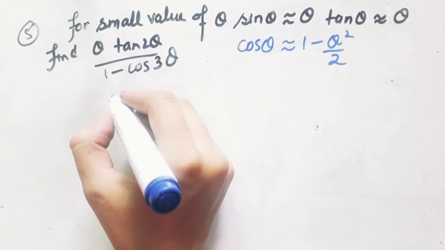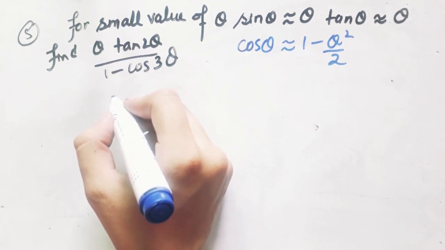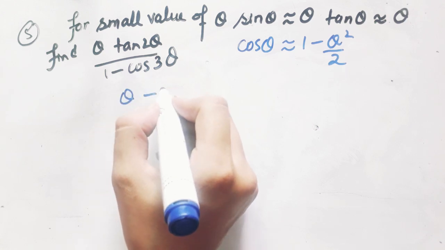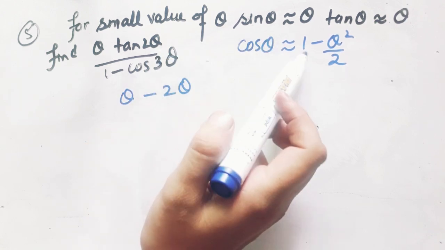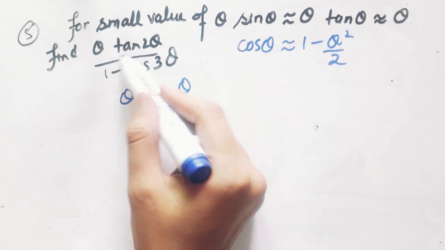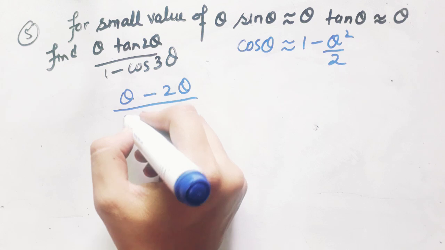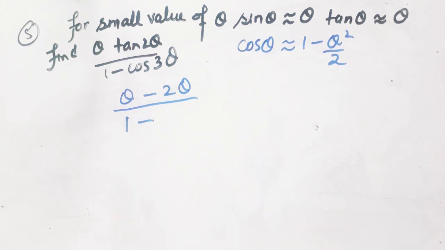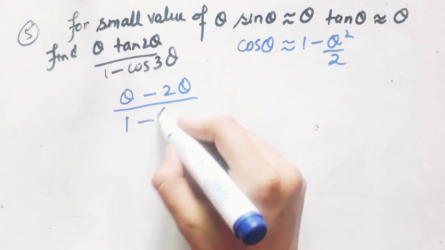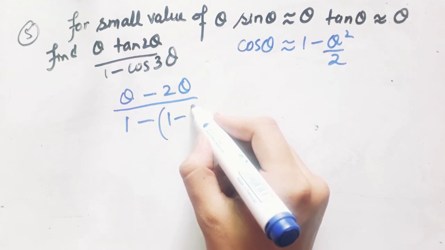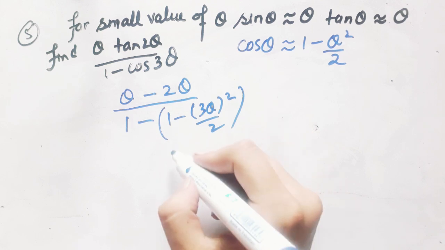So you can write tan theta minus tan 2 theta as equal to theta minus 2 theta, because tan theta approaches theta, so this will be equal to this, and divided by 1 minus cos 3 theta, which can be written as 1 minus 3 theta square by 2.